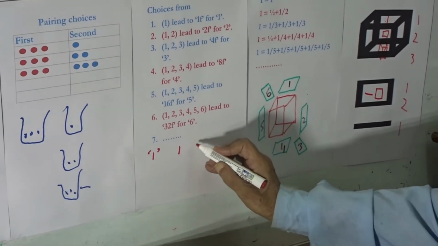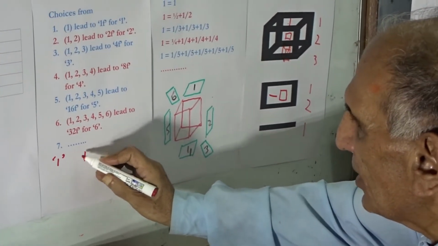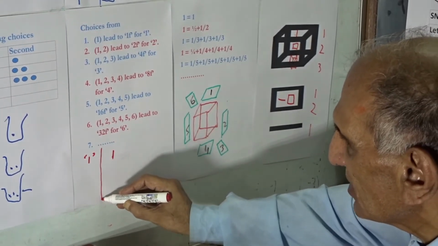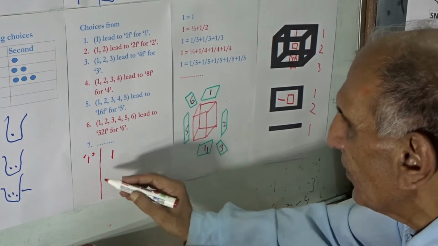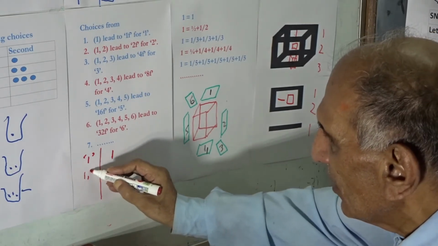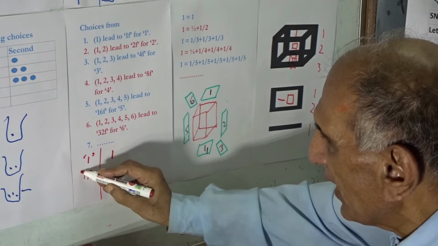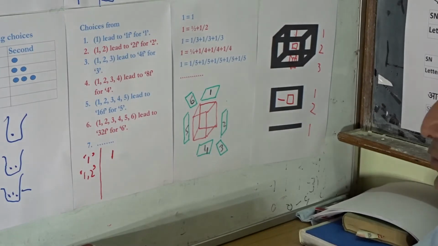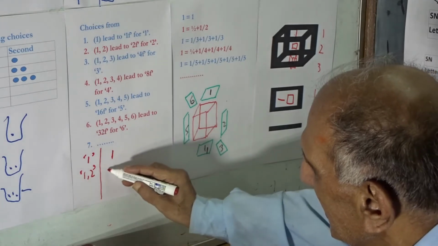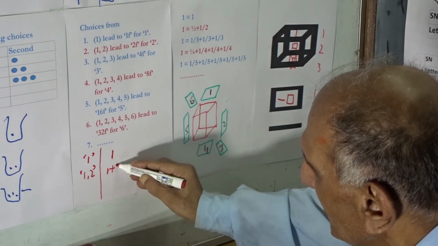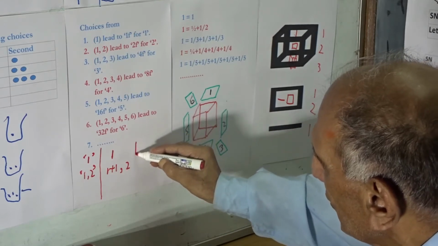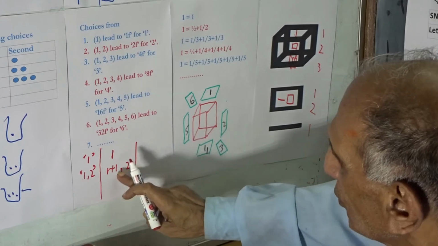We can say there is one way only to reach value 1 when the choices are restricted to the set with a single entity. Now if we have a set of a pair of elements 1 and 2, then if we want to reach value 2 by choices from this set, we can have 1 plus 1 and also we can have 2. So we can reach 2 in two ways.